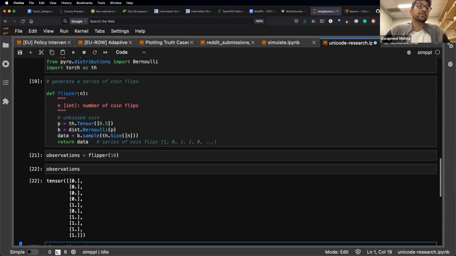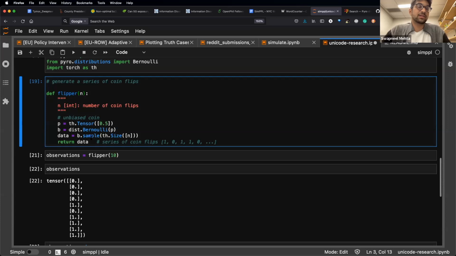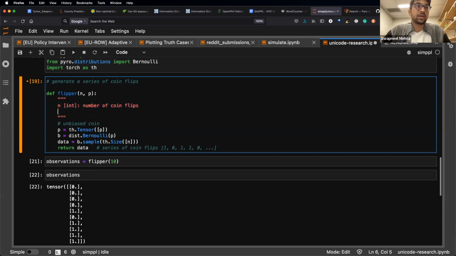We've defined a sort of coin flipping process that generates a bunch of data. We can also change the parameterization such that p is now an argument, and then write down p float, probability of observing heads. Cool.